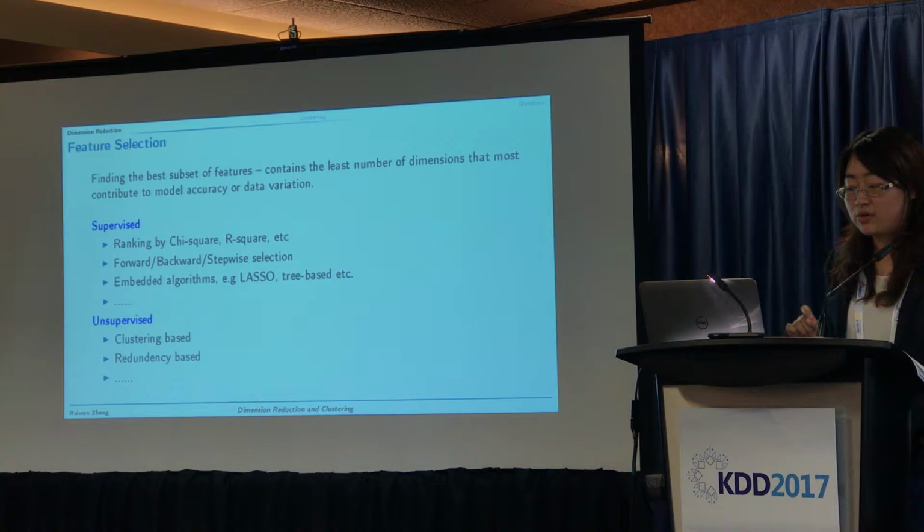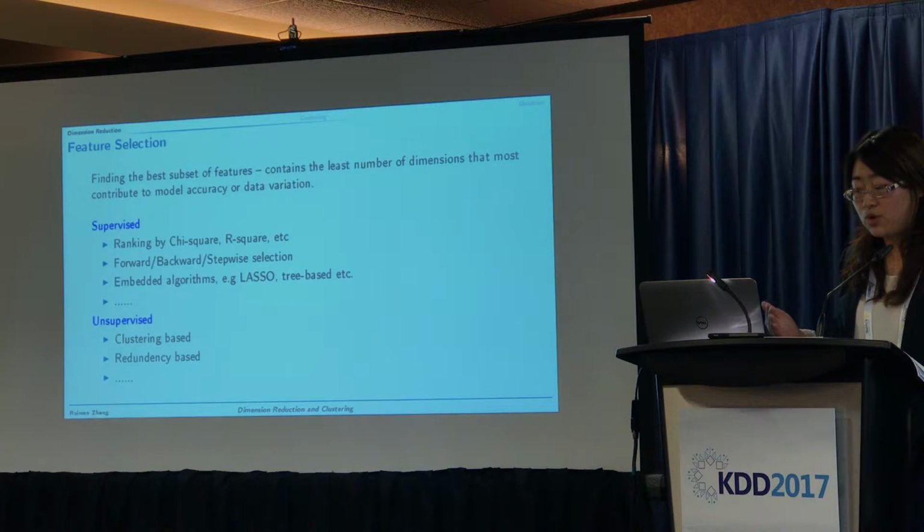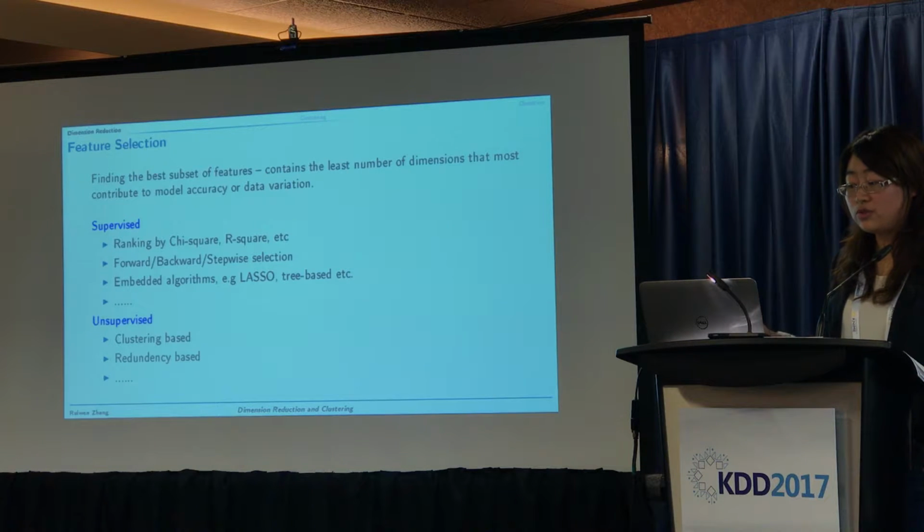Another kind of approach is to consider the selection as a search problem. For example, forward selection will start with no features and add one feature each time. And backward selection, in contrast, starts with all the features, then drops the one that is least relevant to the target at each step.